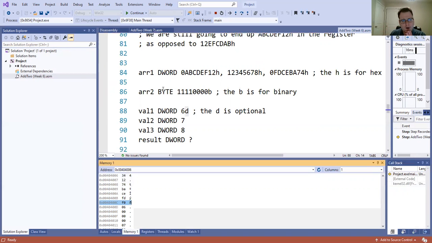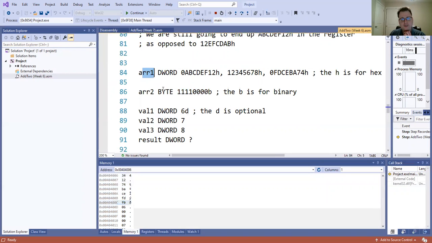Whereas when we talk about array 1, we think of this as more of the traditional sense of an array, meaning like how we would think about an array in C++, with values that are related and all stored together.